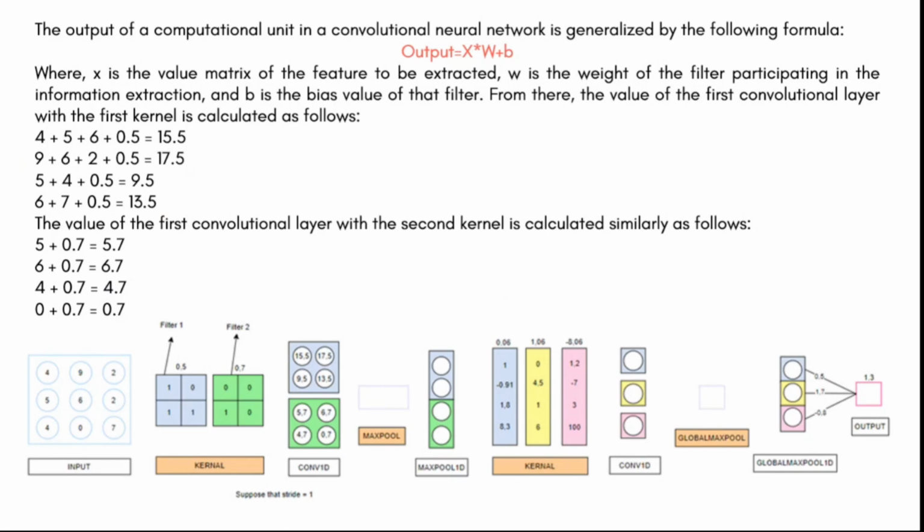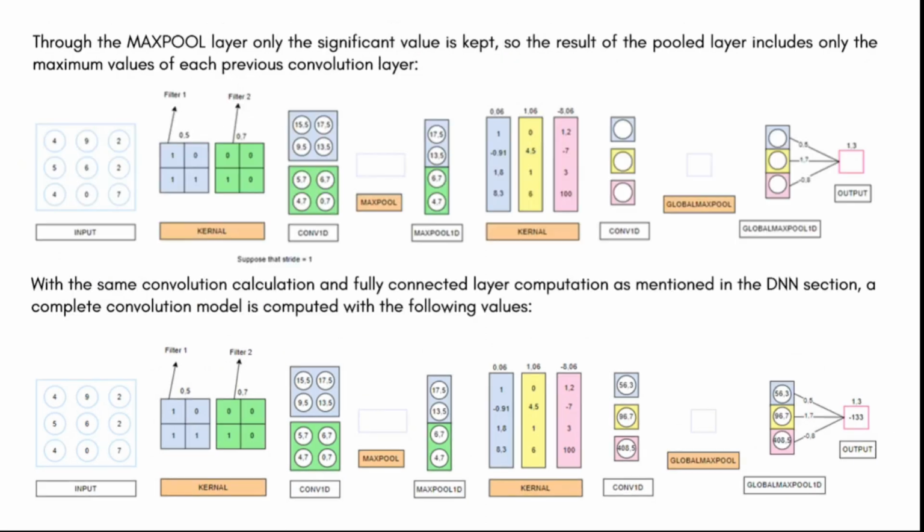And this figure illustrates a convolutional neural network with the value of the first convolution layer computed. And through the max pooling layer, only the significant value is kept. So the result of the pooling layer includes only the maximum values of each previous convolution layer.